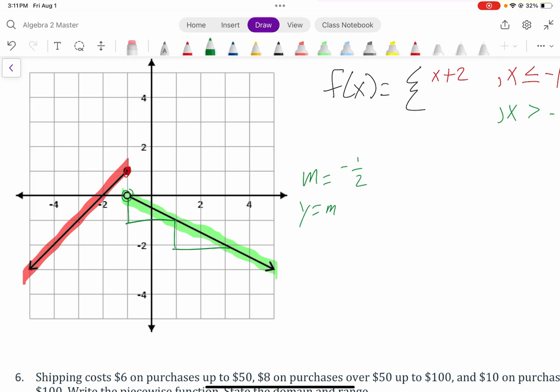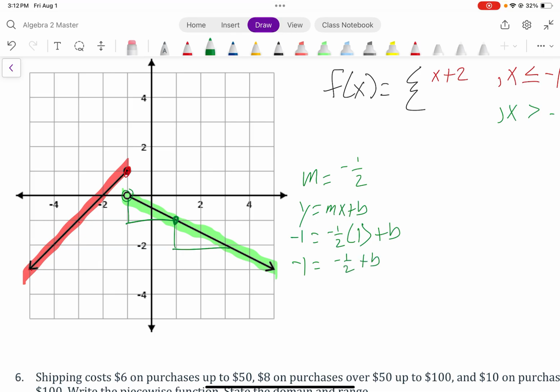If I remember my slope-intercept form, I'm going to pick an ordered pair on that green line to plug in for x and y, and I'll plug in -1/2 for m. I'm going to choose this ordered pair right here, just because I like to use a positive x value if I can. So this would give me a -1 for y equals -1/2 for m times 1 for x plus b.